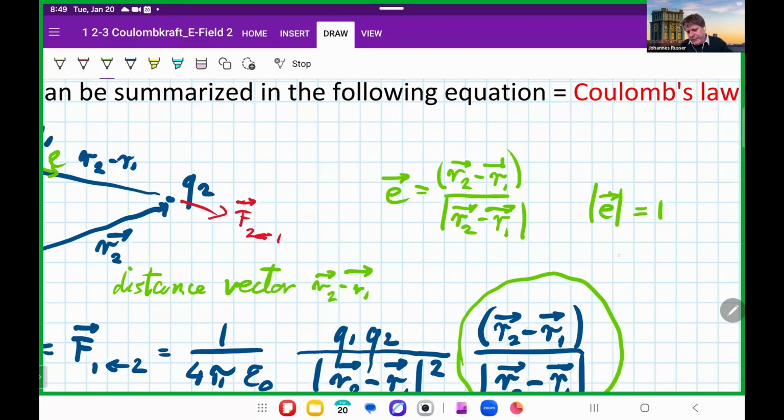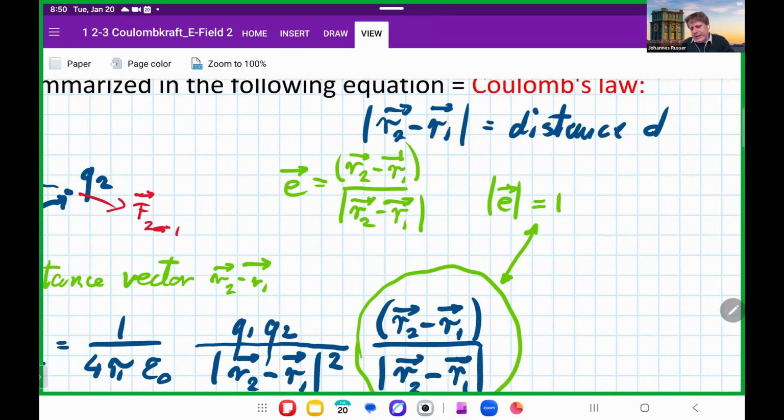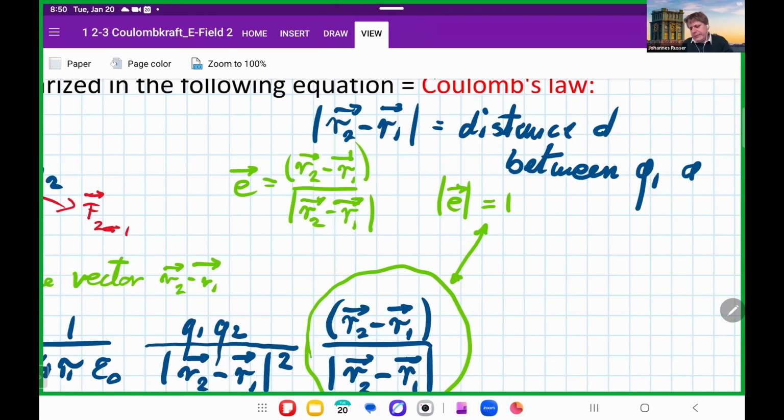So out of the distance vector, we have created a unit vector that gives us exactly the direction of the respective forces. So R2 minus R1 is the distance D between Q1 and Q2.